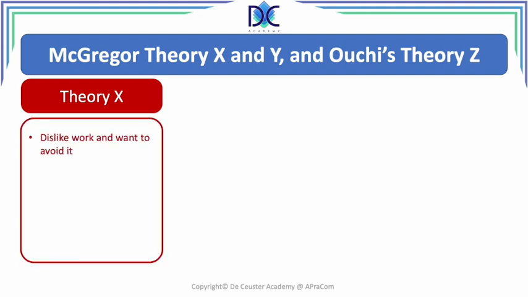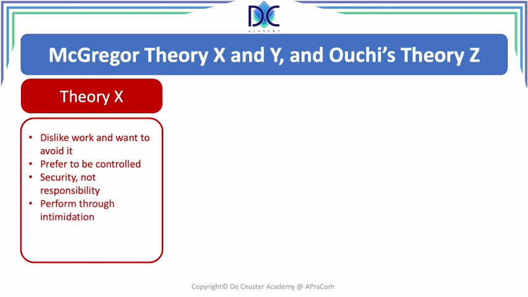So the theory X managers think about the people that they dislike work and they want to avoid it. They prefer to be controlled. You have to control the people. There is everything about security, not about responsibility. They perform through intimidation. So the X manager will typically intimidate the people to push them to perform, and they are only motivated by financial rewards. If you pay them more, they will work more.